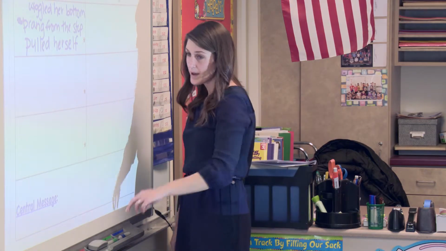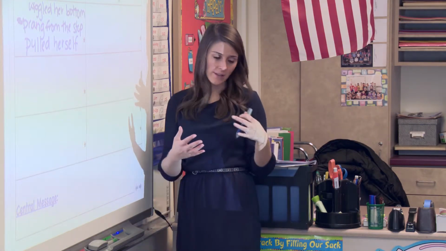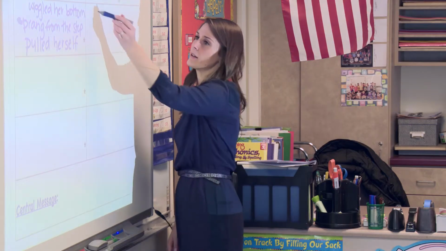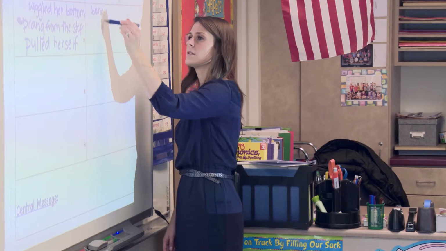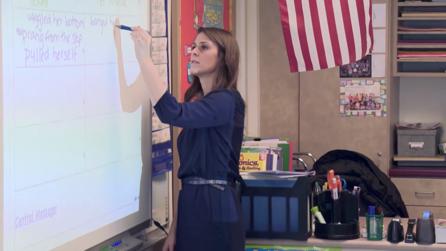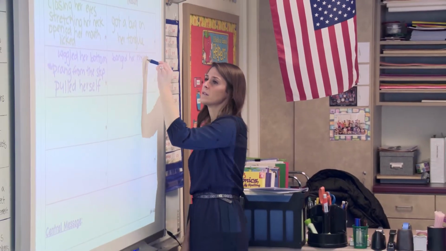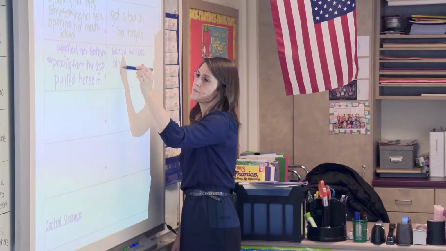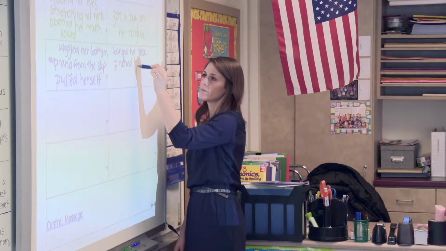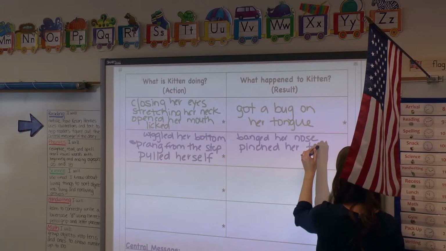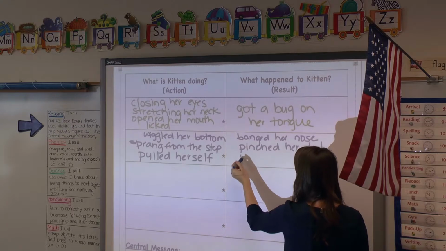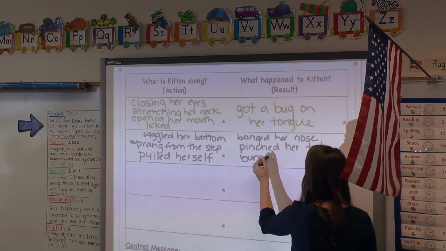Okay, so she wiggled her bottom, she sprang from the step, she pulled herself together, and then all this stuff happened to her. She banged her nose. She pinched her tail. And she bumped her nose. Oh, she bumped her nose. I messed up.